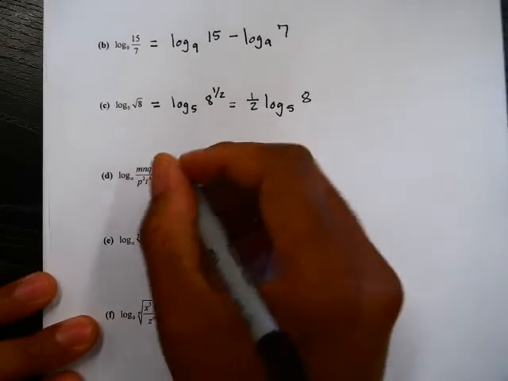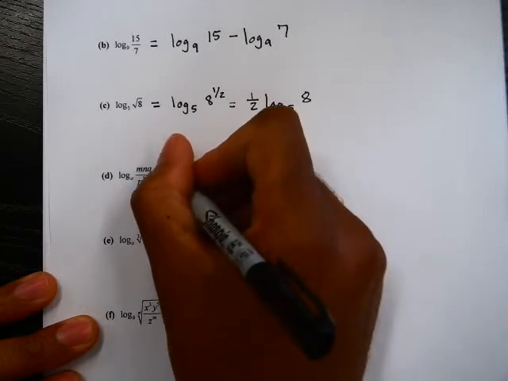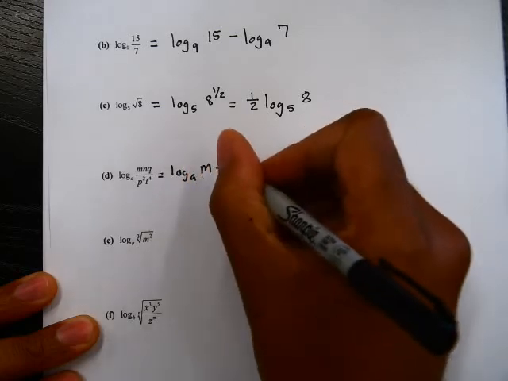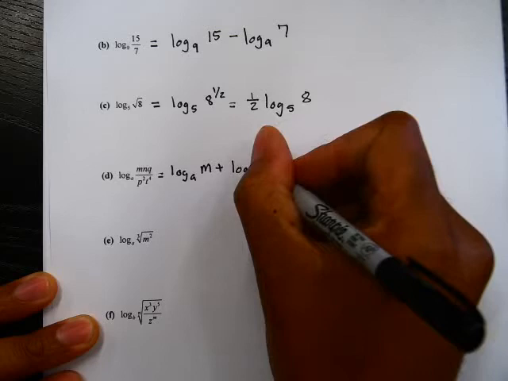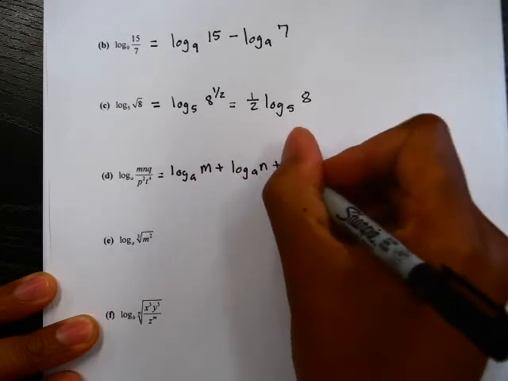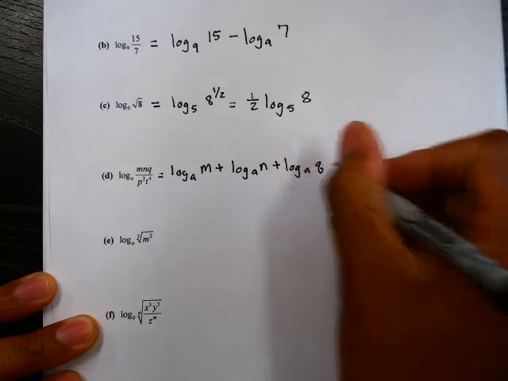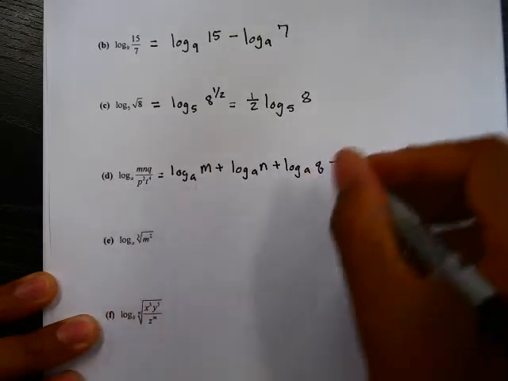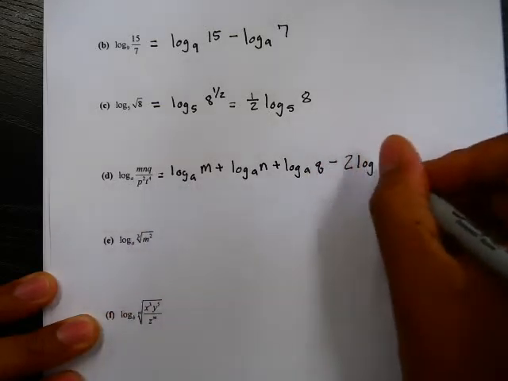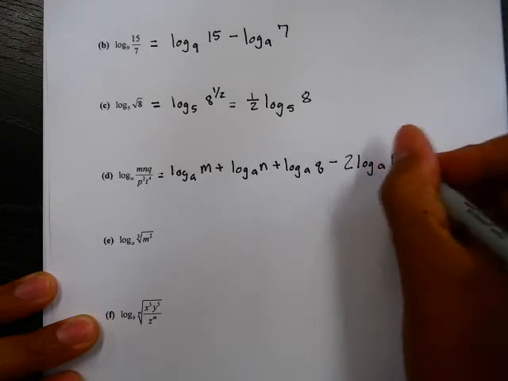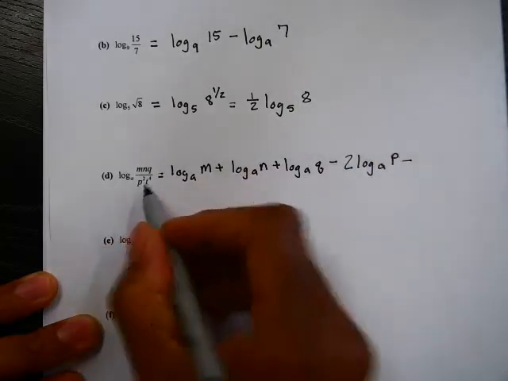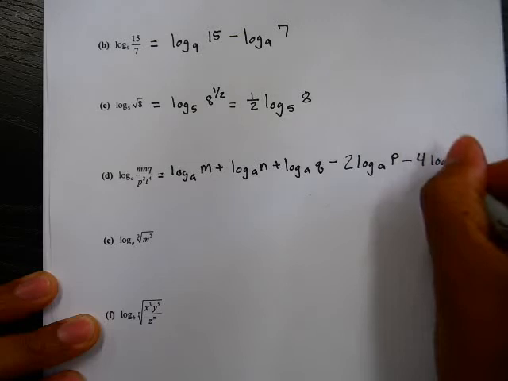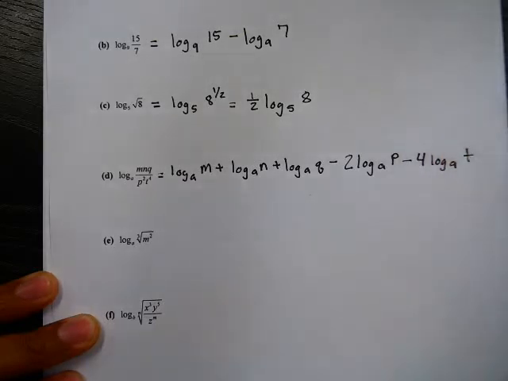So this would be log base A of M plus log base A of N plus log base A of Q minus, now P to the second power, that 2 comes to the front, so that's 2 log base A of P, minus, because we're still at the bottom, T to the fourth power, so that 4 comes to the front, and this would be 4 log base A of T.